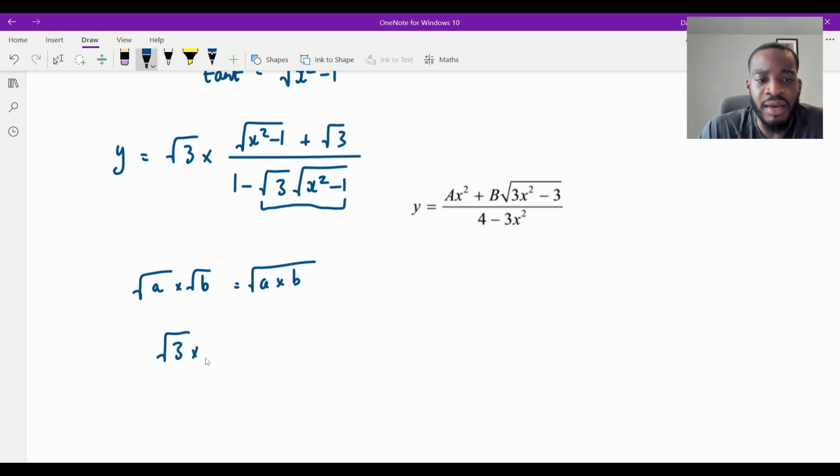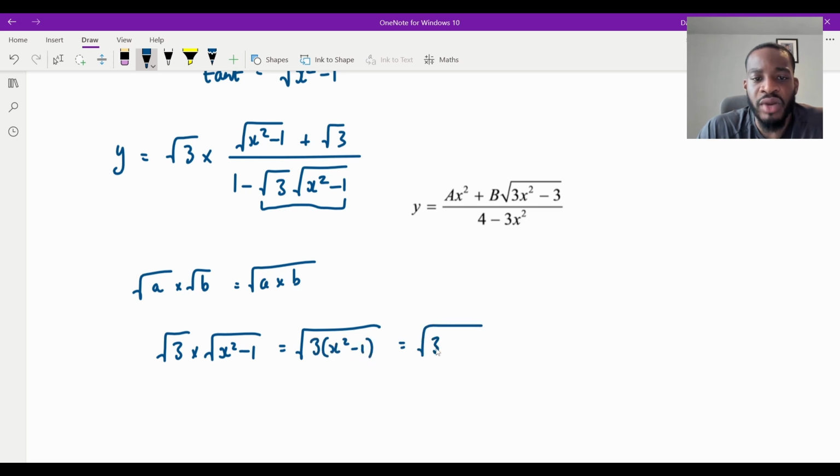So root 3 times root x squared minus 1 is going to equal, all under one root, 3 times x squared minus 1, isn't it? And then we can expand that and we get 3x squared take away 3. And that's very good because we have that expression. It's not at the bottom, but it's very good progress. So that's fine. As well as that though, this root 3 that was on the outside, we can actually expand it in, can't we? So I'll do it like that.